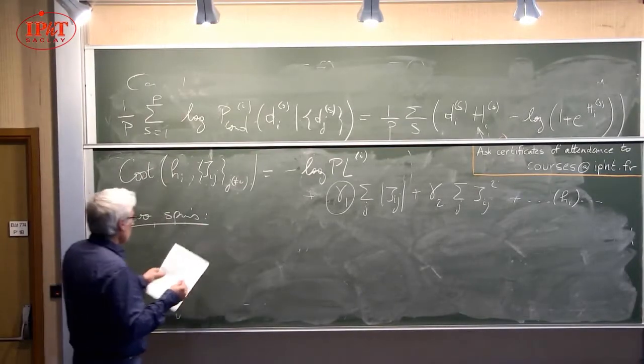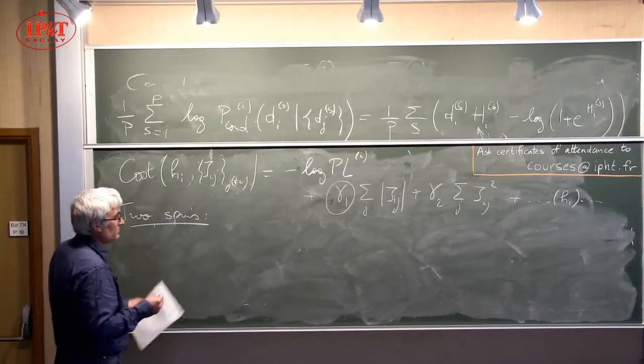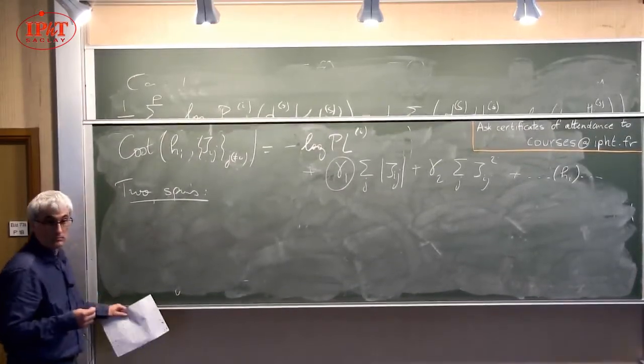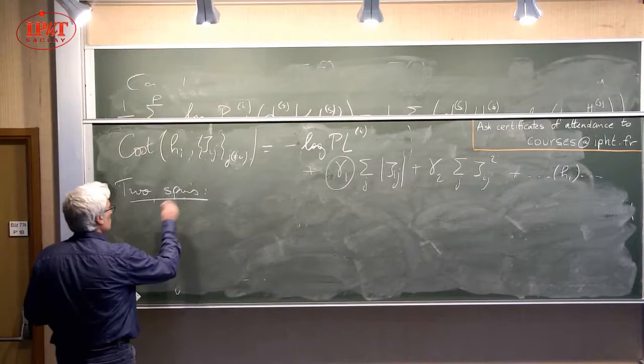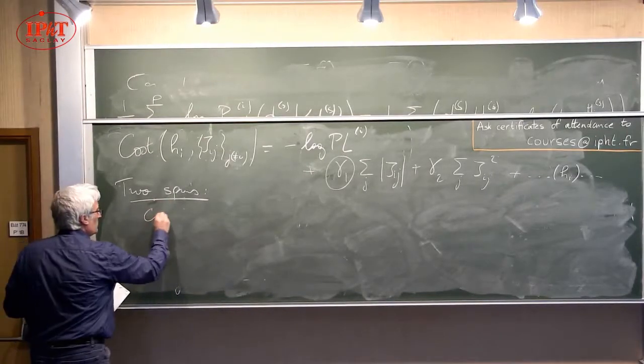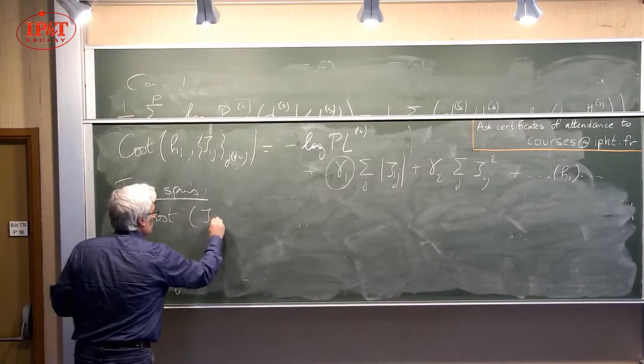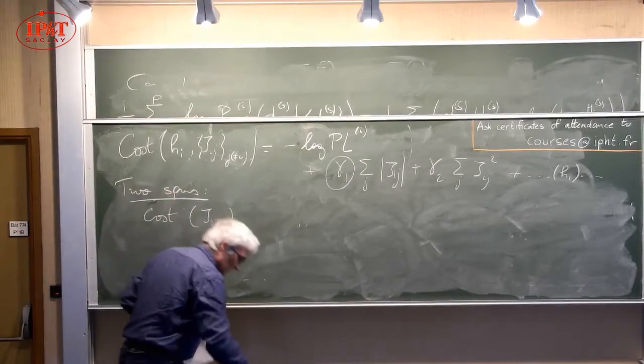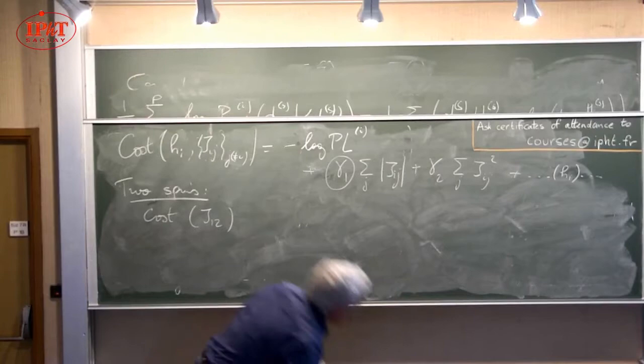Okay, so the correlation I will have is going to be small, right? So let me assume, for instance, the correlation is small, which I call epsilon. So the cost will be a function of J12, and I can approximate it as something like that.